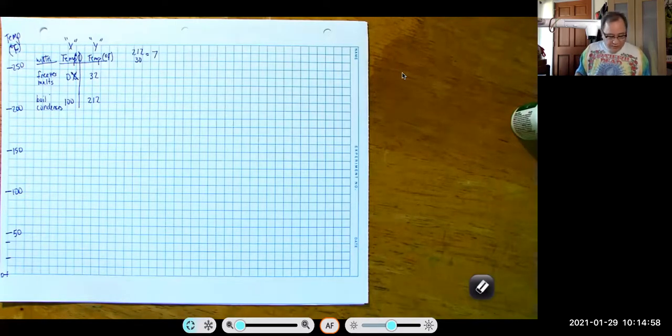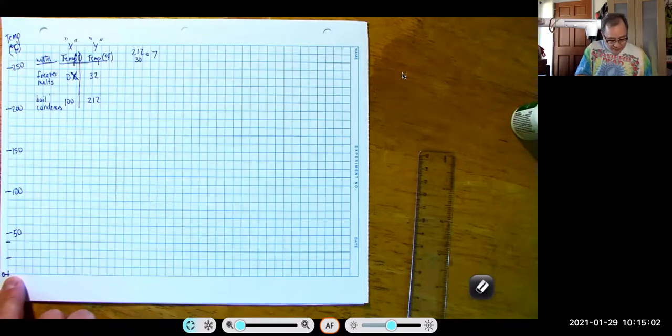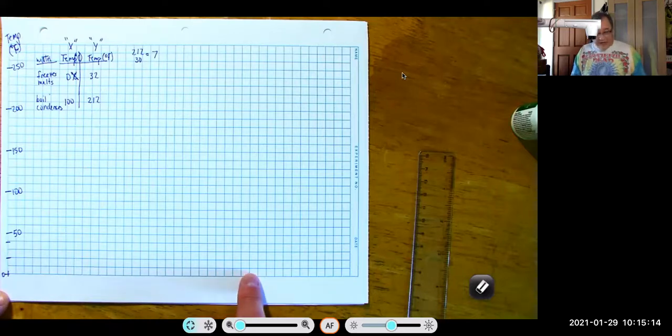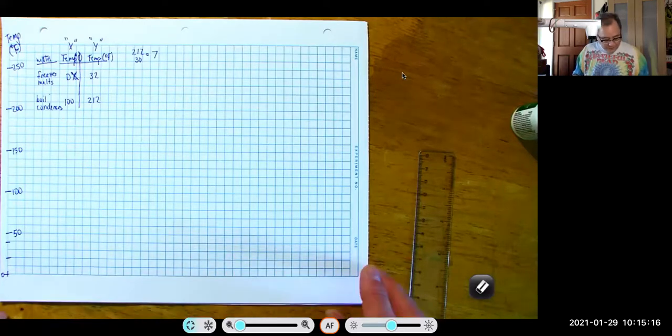So let's see real quick if we can make each block 2 and get to 100. So 1, 2, 3, 4, 5, 6, 7, 8, 9, 10, 11, 12, 13, 14, 16, 17, 18, and so on up to 28, 29, 30. And I can see it's not going to get there.